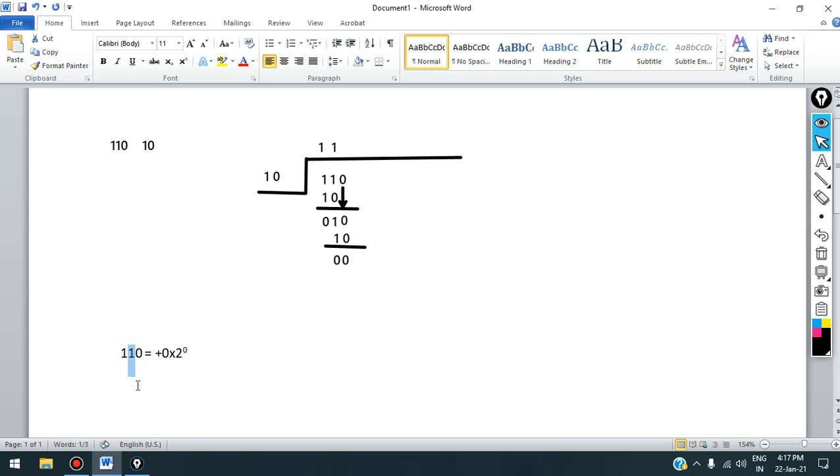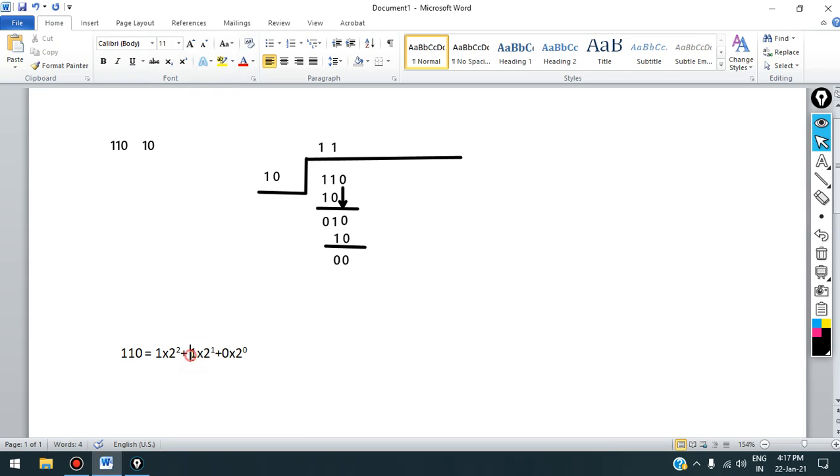The next significant digit is 1, so here will be 1 into 2 raised to power 1, and the last digit, the most significant digit, is 1 into 2 raised to power 2. And after that plus will be there.